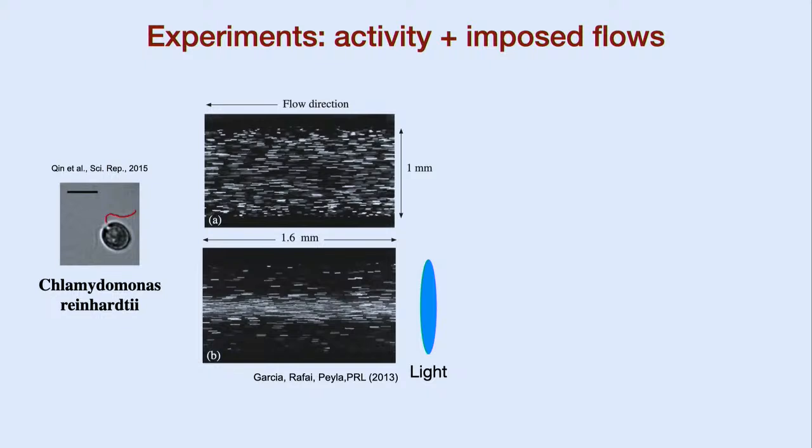However, the swimmers get attracted towards light. They like to turn towards light. When a light source of the correct wavelength was turned on, it is found that the swimmers are still flowing along the flow, but they get collected along the center of the channel.